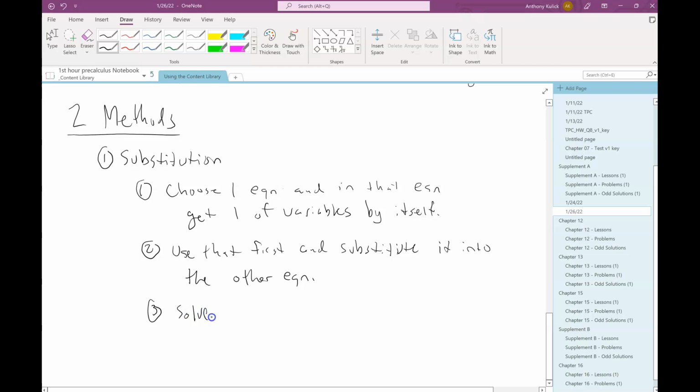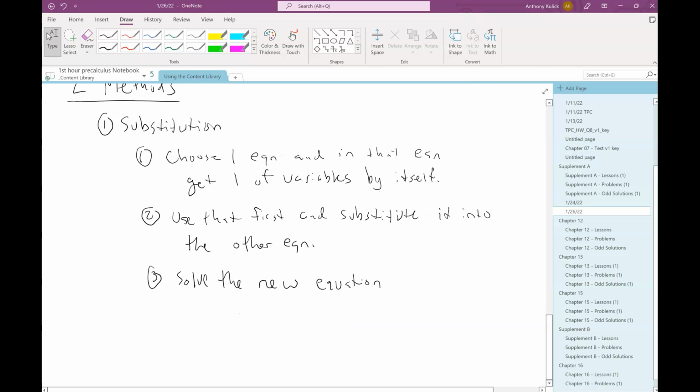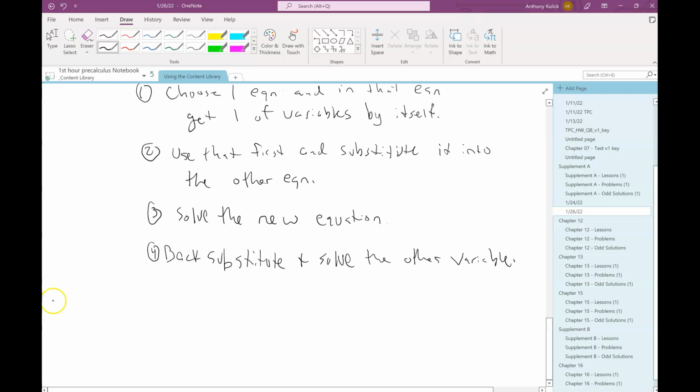And then we solve this new equation. And then the last step would be to back substitute and solve for the other variable. So let's run through this process with a couple of examples.